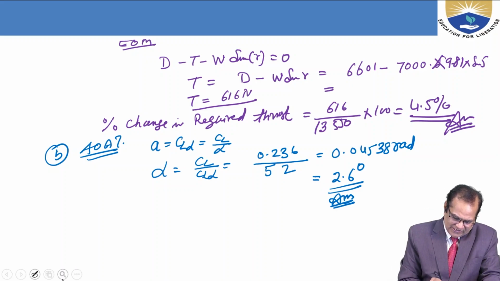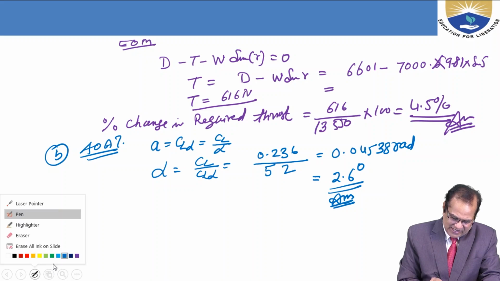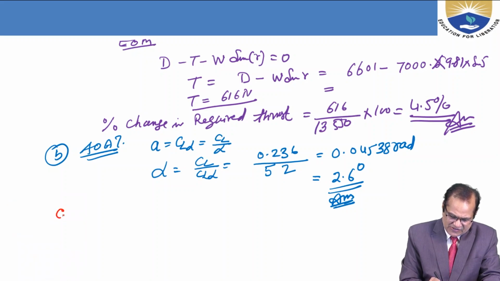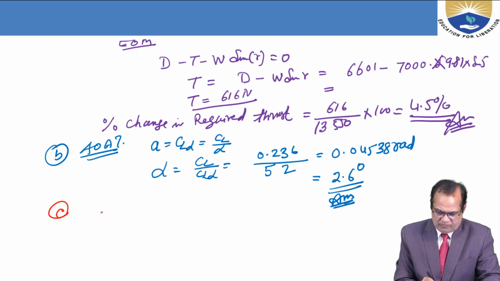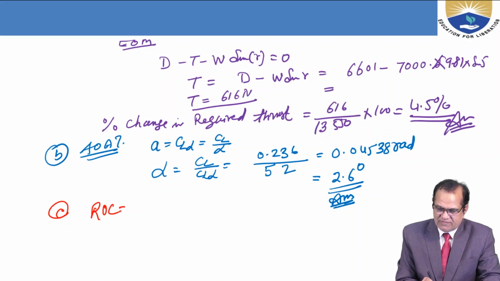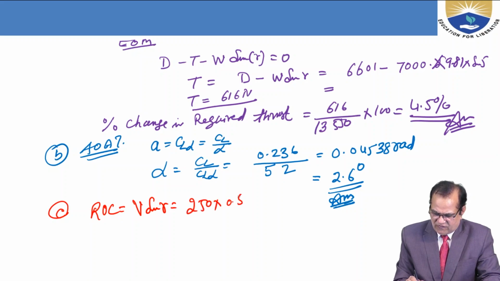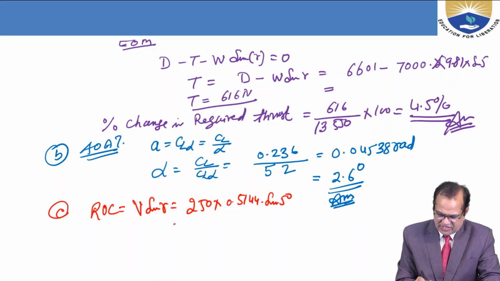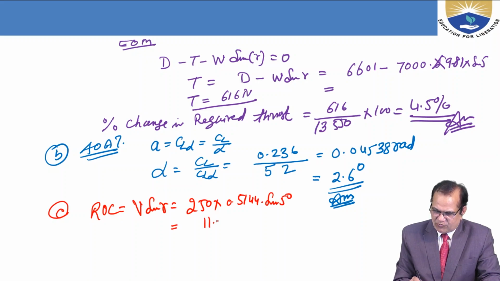Now the third one is given as C. So we have to find out the rate of climb. V sine gamma, V is 250 into 0.5144 into sine 5 degree. We will get 11.205 meter per second, or 2208 feet per minute.